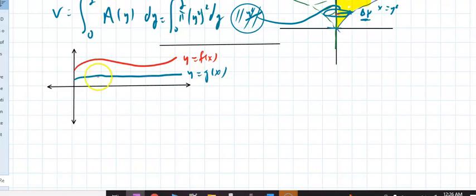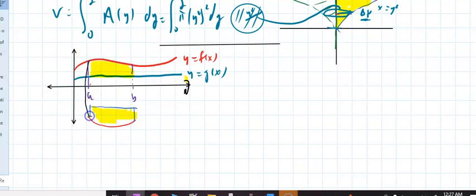If I take that piece, so that area right there, if I rotate this about the x-axis, what would happen? Do we see that? Not that sharp, but you get the point. And underneath that is kind of like this. So do we see that? That's going to create a piece like it.